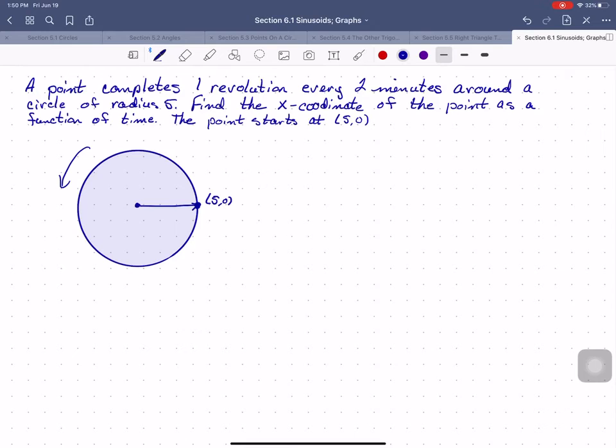So if we think about this in terms of time, at time 0, and what we're talking about is the x-coordinate of my point, the thing starts at (5, 0). So it starts with an x-coordinate of 5, right? If it takes 2 minutes to go all the way around, then after 1 minute we've gone halfway. Well, that's not very interesting. Let's try a quarter minute.